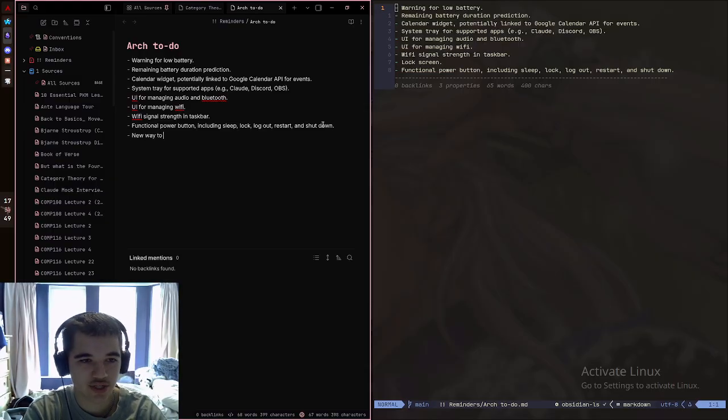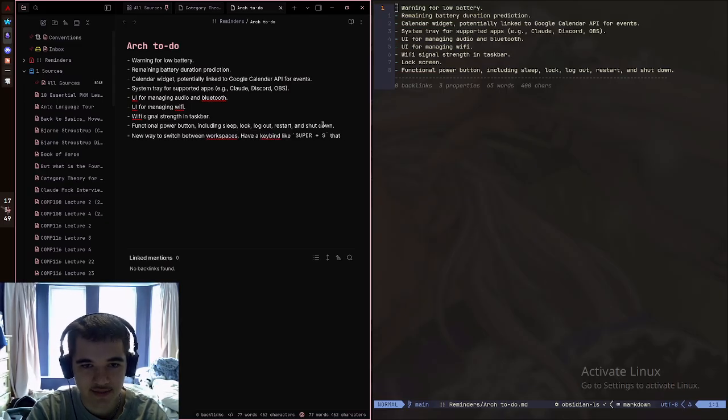New way to switch between workspaces. Have a keybind, like Super S, that shows all workspaces visually, like you can on Windows or macOS, I guess.